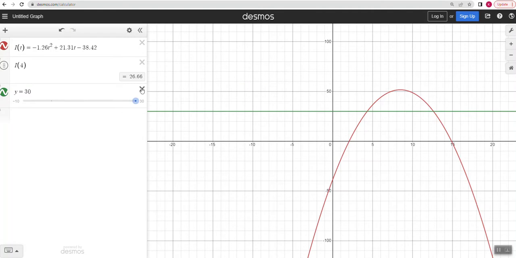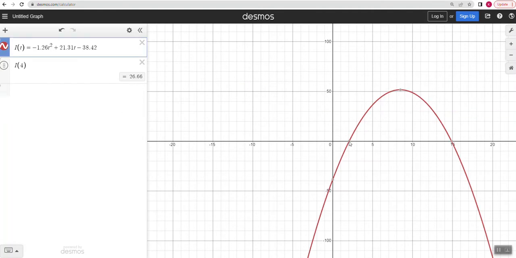So I can get rid of that y equal 30. I don't really need it anymore. And let's go ahead and find those t-intercepts here and there. They are (2.05, 0) and (14.86, 0).